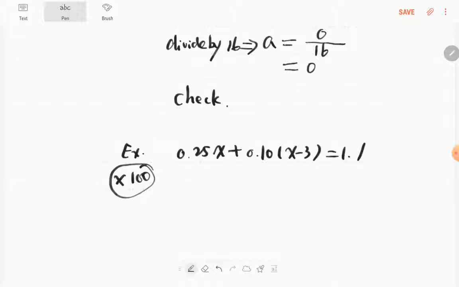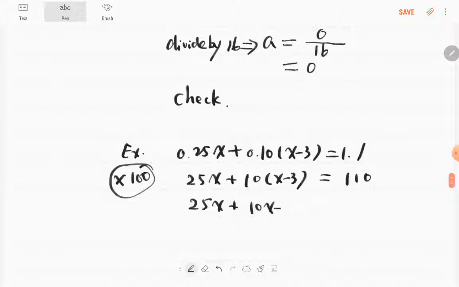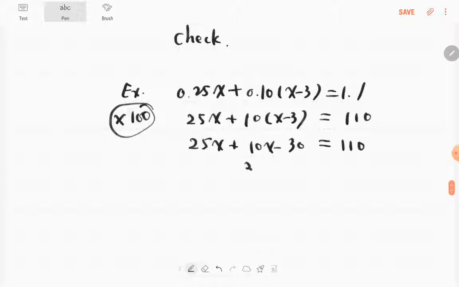So after we do the multiplication, we will have this. Next step, we should combine the like terms. X is equal to 4.